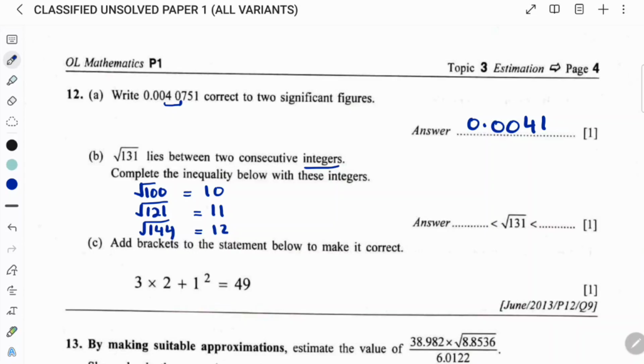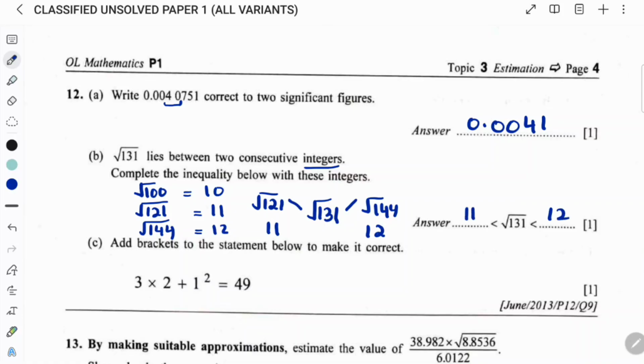So we cannot move more. Between the square root of 121 and 144, the number 131 comes in between. So the square root of 121 is 11 and the square root of 144 is 12. So the integers coming in between the square root of 131 are 11 and 12.